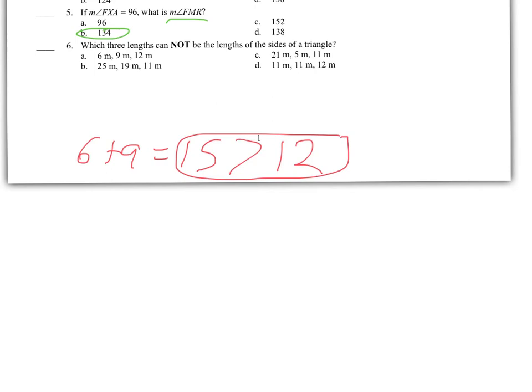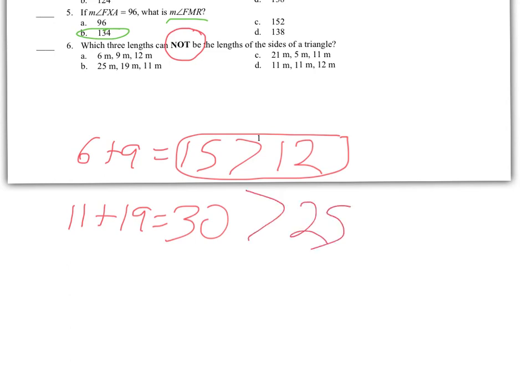But remember, we're looking for the lengths that cannot be the lengths of a triangle. So let's look at B, the next one. The two smallest sides are 11 and 19, which is 30. So yes, 11 plus 19 equals 30. That is greater than 25, so those would be the sides of a triangle.